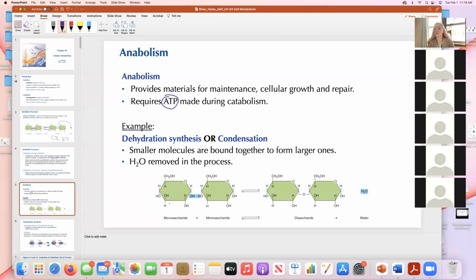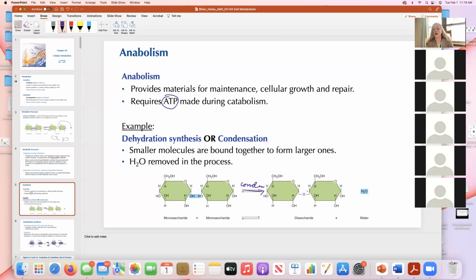And let's say we're just going to store it, build it up into disaccharides and glycogen in the liver. So maybe all this glucose that you ate this morning travels over to your liver. We have one monosaccharide, two monosaccharide, and they're going to undergo condensation, dehydration synthesis, in this direction, right?